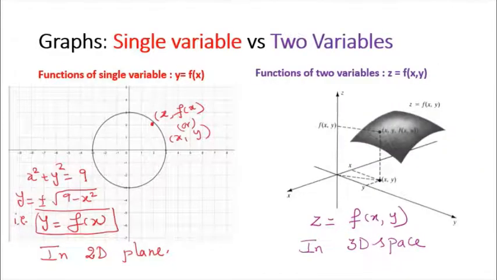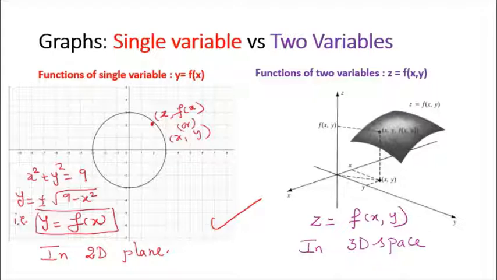Now let us look at graphs of a single variable versus two variables comparatively. The left-hand one is a graph in the two-dimensional plane, which is a circle, x square plus y square is equal to 9, which you can write as y is equal to plus or minus the square root of 9 minus x square.